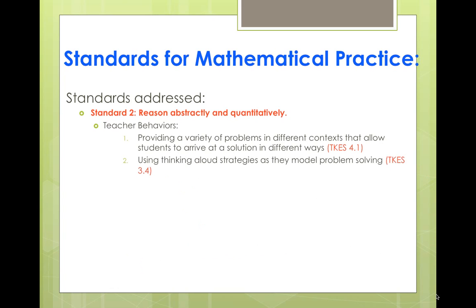If you are able to find out what your students are interested in, and then find problems that are related to their interests, then of course that will really keep your students engaged. And then you can see what their thought process is for that content that you're teaching. The next teacher behavior would be thinking aloud strategies, as the teacher, as you model the problem solving. Just take time out to allow the students to listen to how you would go about tackling a problem.